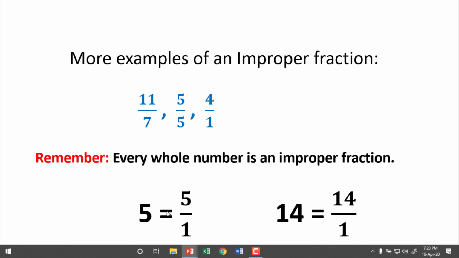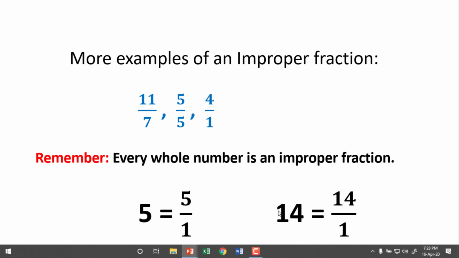We can write 5 as 5 by 1, as for every whole number there is an invisible 1 below that number. Here 5 is the numerator and 1 is the denominator. The numerator is greater than the denominator, that's why you can say that 5 by 1 is an improper fraction. So 5 is also an example of an improper fraction.